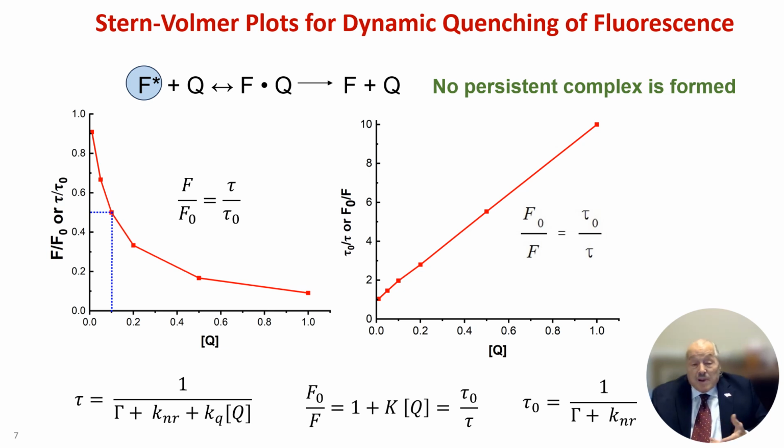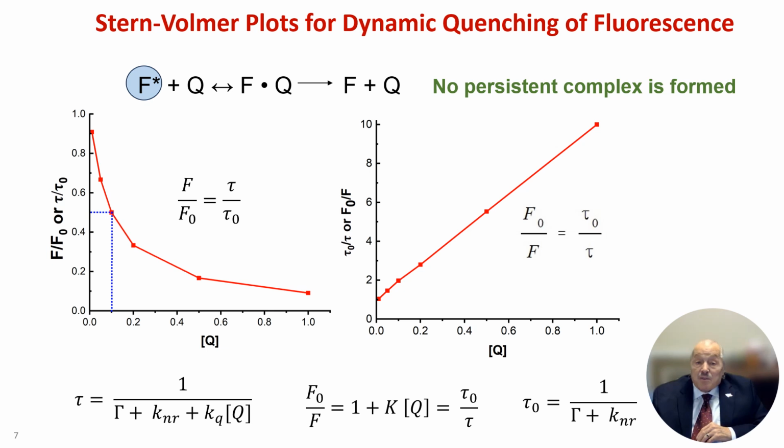We put it as a ratio here so we could just start it at some value and it drops down. So the intensity over the initial intensity becomes smaller. The lifetime over the initial lifetime becomes smaller. And that's one way of examining the data.